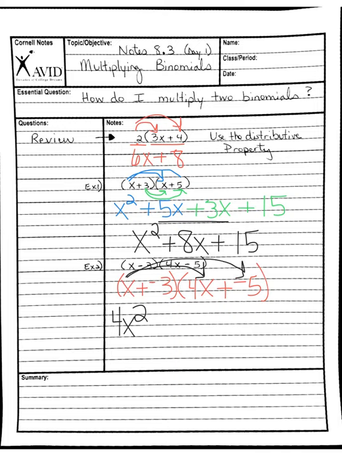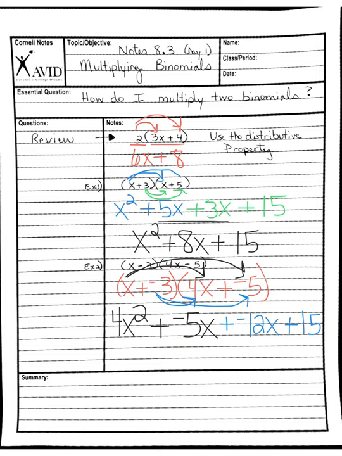X times that negative 5 is going to be plus a negative 5x. Now we're going to go ahead and look at the negative 3 and multiply it by everything. So I have negative 3 times 4x, which is negative 12x, plus the negative 3 times the negative 5, which is a positive 15.